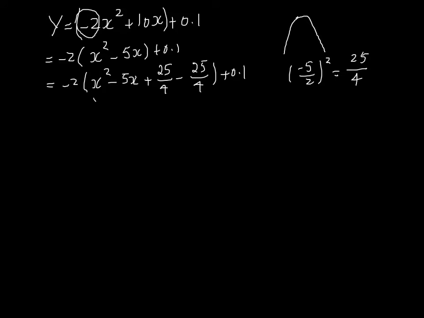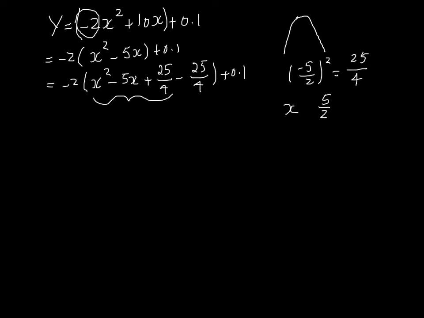Now I'm going to take these three terms and use the complete square. Now the square root of x squared is x. The square root of 25 over 4 is 5 over 2. Now 2 times 5 over 2 is going to give me 5.